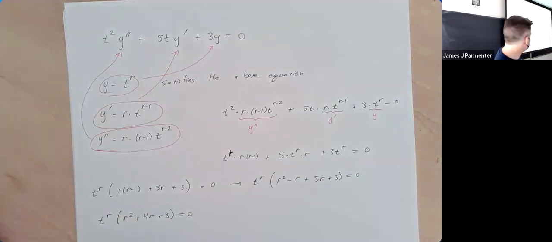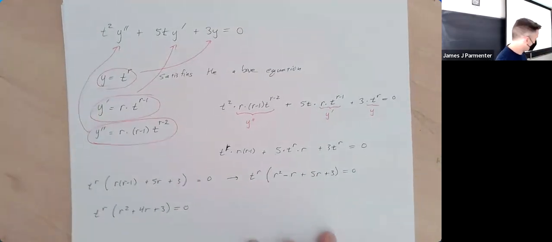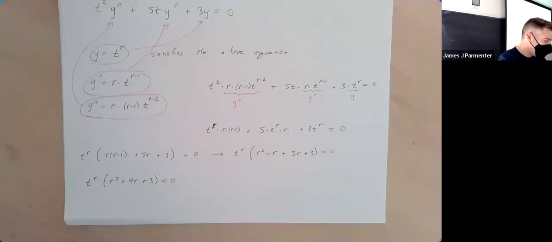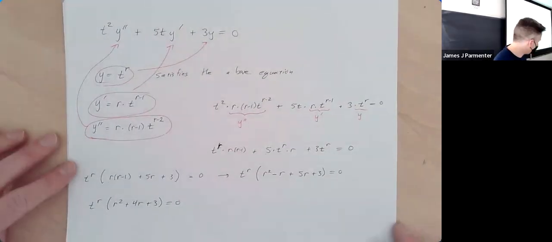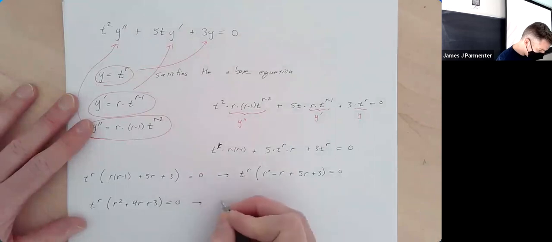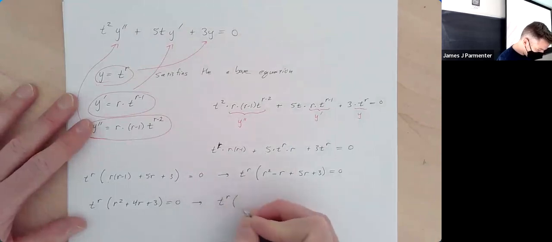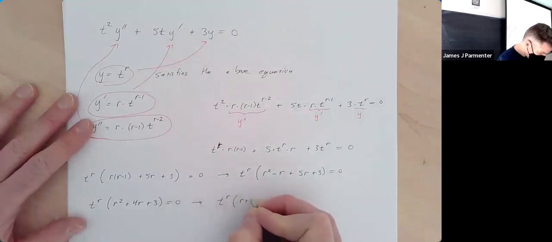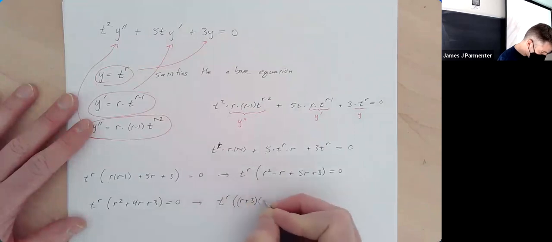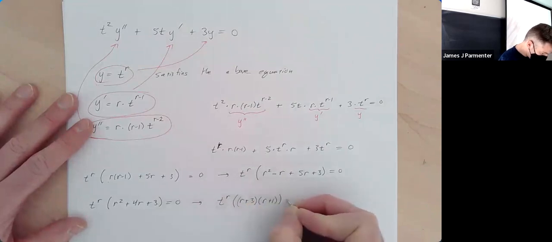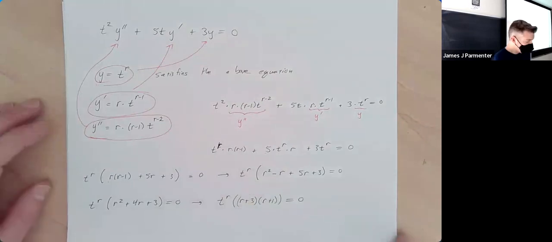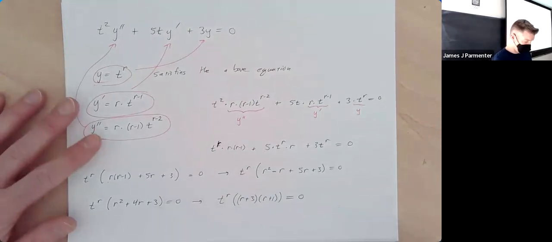And if they set this up nicely, it should factor. If they haven't, you have to use the quadratic formula. Here, this does factor. We can write this as t to the r times r plus 3 times r plus 1 equals 0. So what values of r solve this equation?